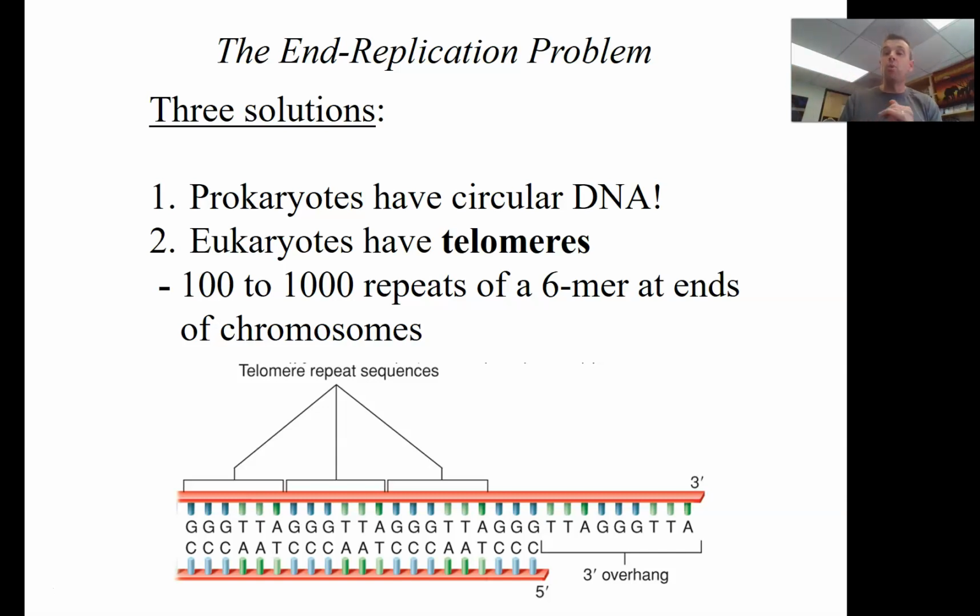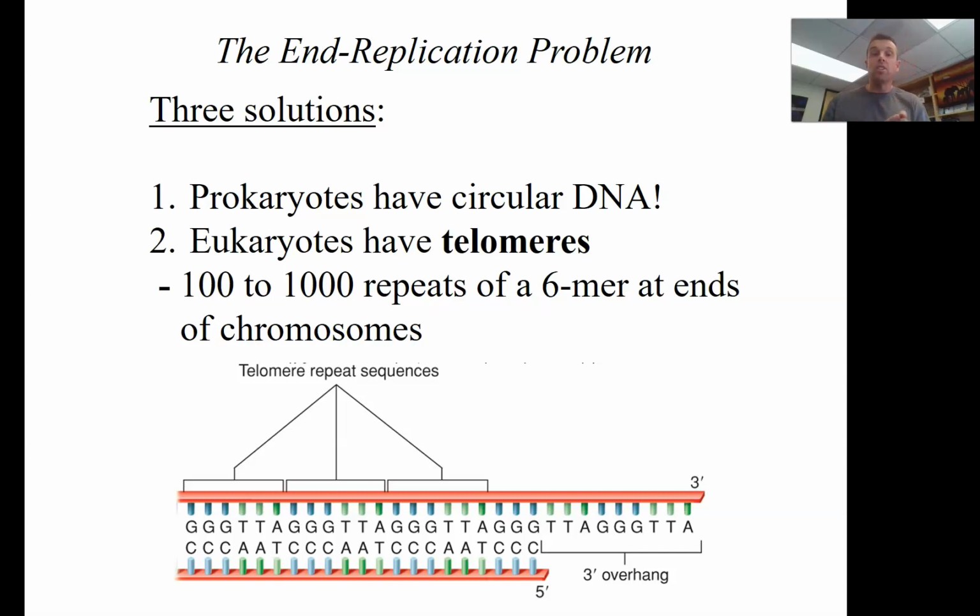But this is also why cells have a limited number of times they can divide. Because eventually, after dividing 50, 60, 70 times, even those telomeres are gone, and now if you start to lose key genetic information that was inside those telomeres and the other parts of the chromosomes, then that cell is going to have problems and dies.